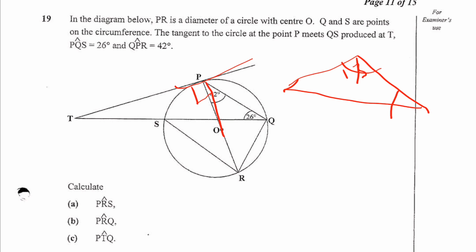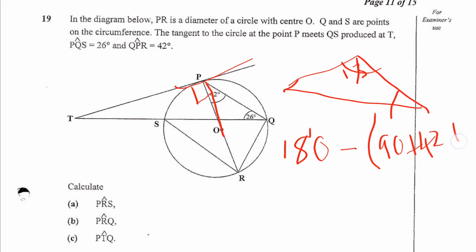To calculate that one, the total angle in a triangle is 180. So I'm going to write 180 minus, open bracket, 90 plus 42 plus this 26.